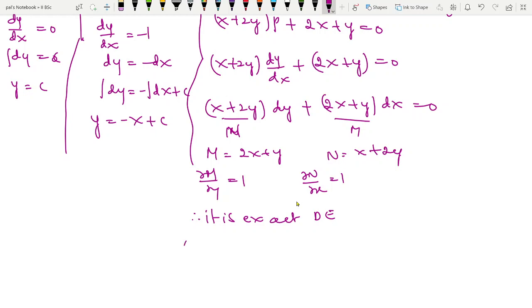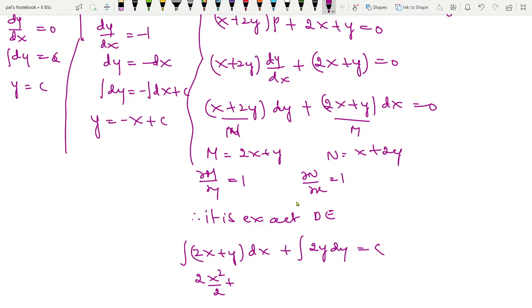So we know the solution of an exact differential equation: integral of M dx, where M is 2x plus y, 2x plus y into dx, plus the terms in N which are independent of x. Here x is present, so the term without x is only 2y, 2y into dy, is equal to constant. So it is 2 into x square by 2.